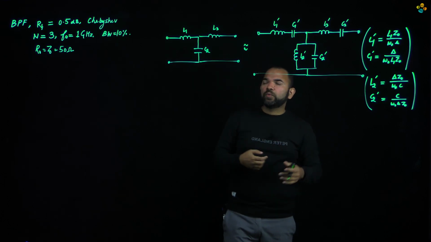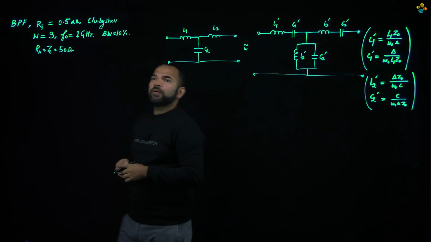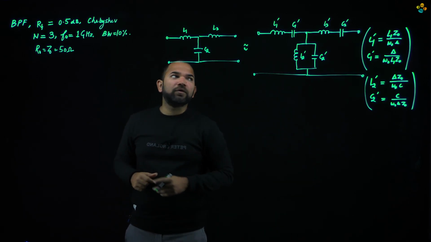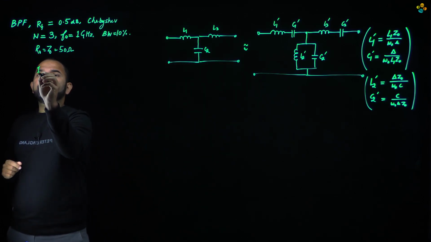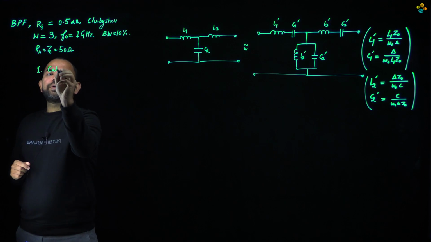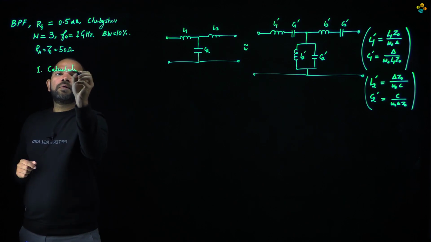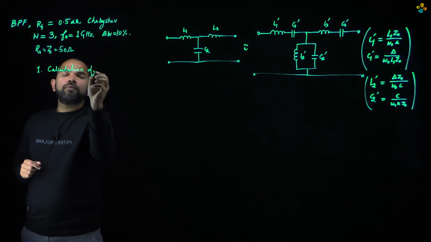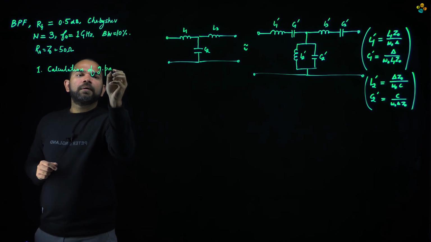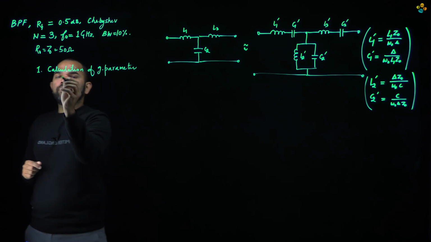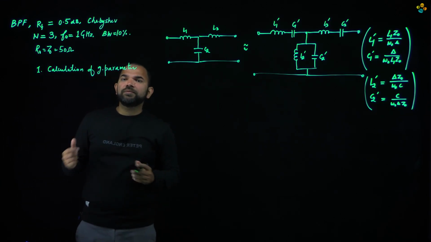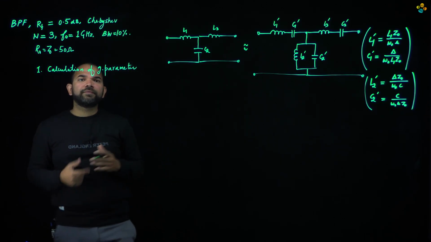So let's start with the very basic step, which is to design a low pass filter. The first step is the calculation of the g parameters. For Chebyshev filters, we have seen in a previous example how to calculate the values.